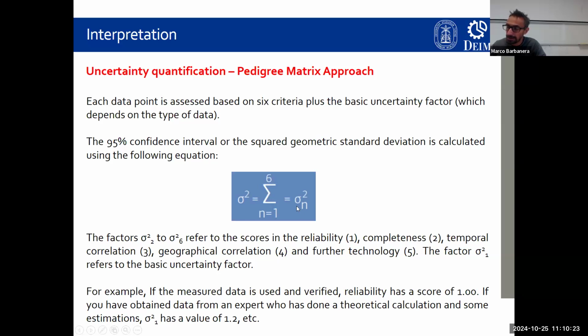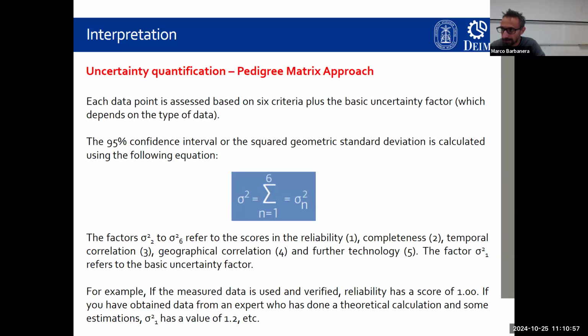So the next question is how we can calculate these 6 values, these 6 square standard deviations, because if we have only one data for a parameter, it's very difficult to calculate these 6 square standard deviations.